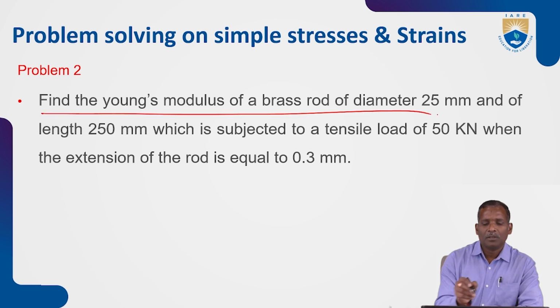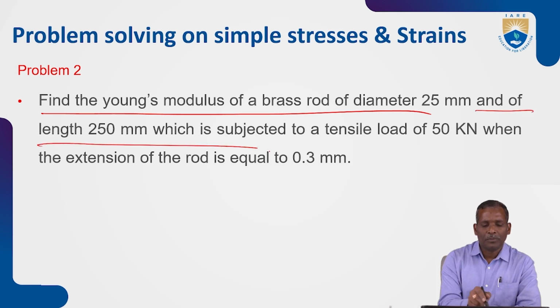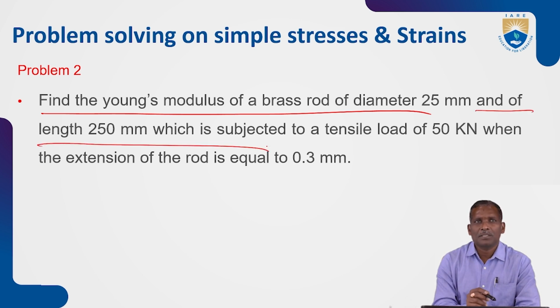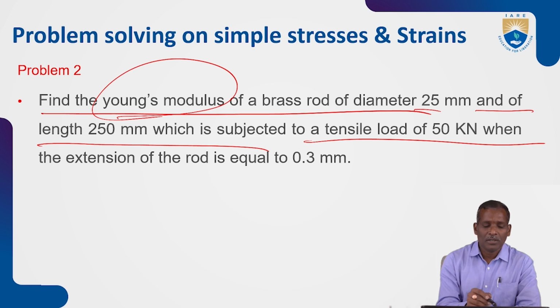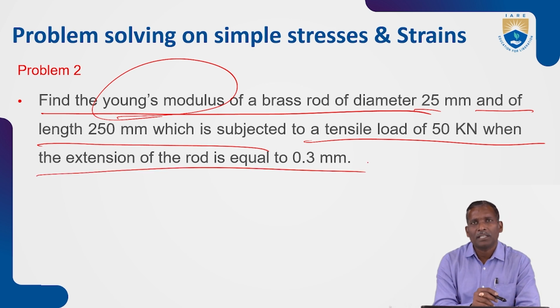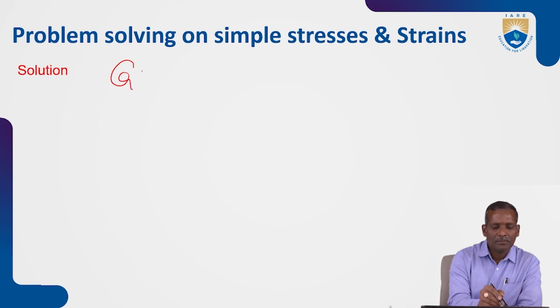Find the Young's modulus of a brass rod of diameter 25 mm and length 250 mm. In this problem, the Young's modulus is not given, we need to calculate it. The rod is subject to a tensile load of 50 kilonewtons, when the extension of the rod is 0.3 mm. So now write down the given data.